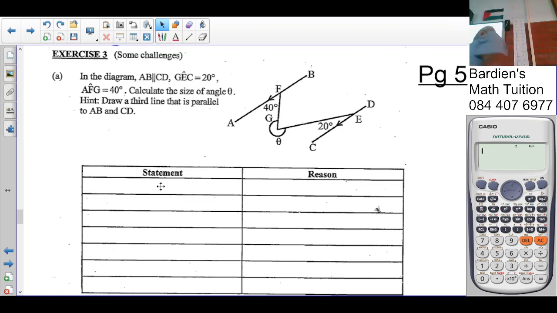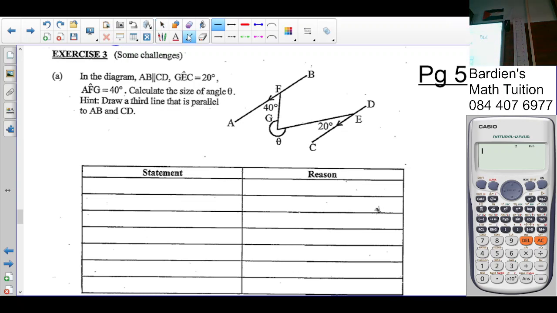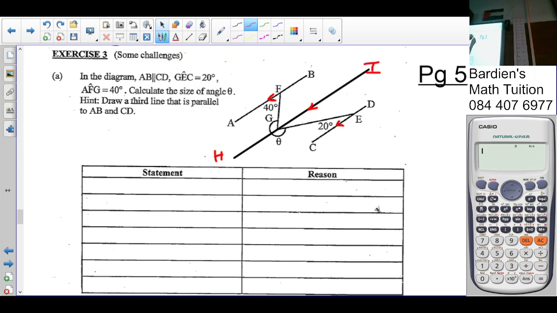G. So what we're going to do is draw a parallel line going through G. How is that going to help us? Let's call this line HI. Alternate angles. So then you can work out this angle here.